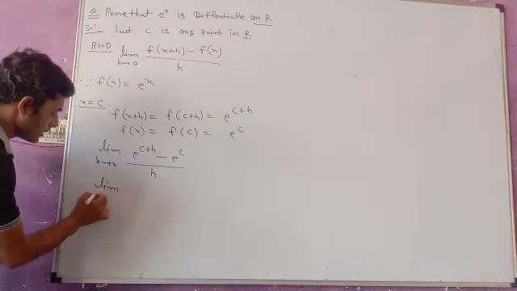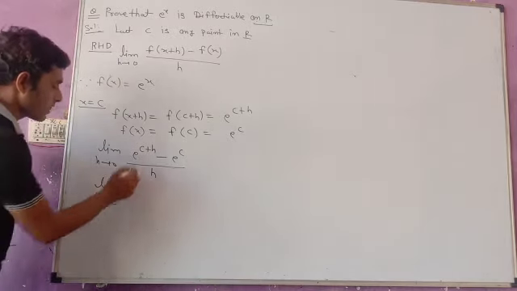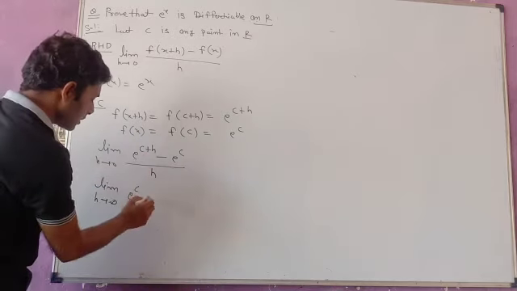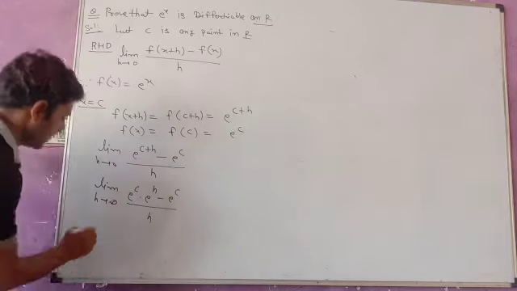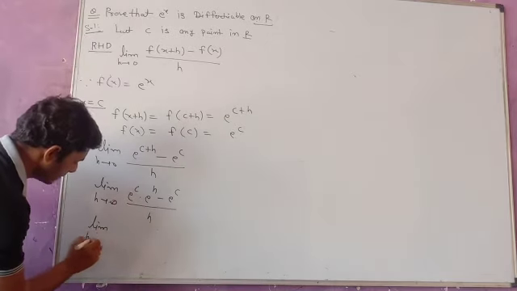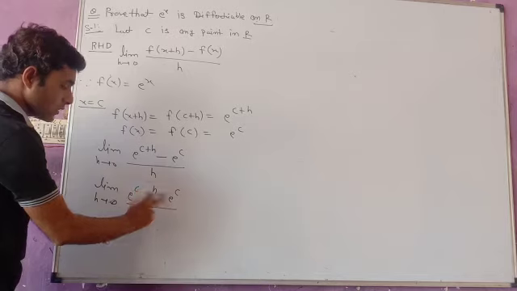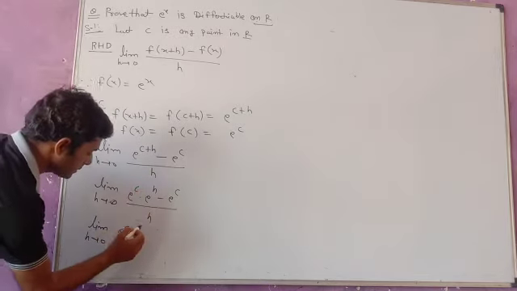Now we have to calculate this expression: e power c times e power h minus e power c, upon h. Easily we can see e power c is common, so we can take it outside.